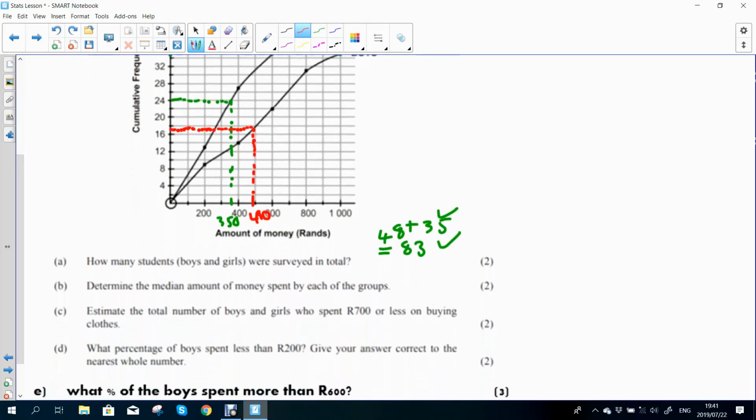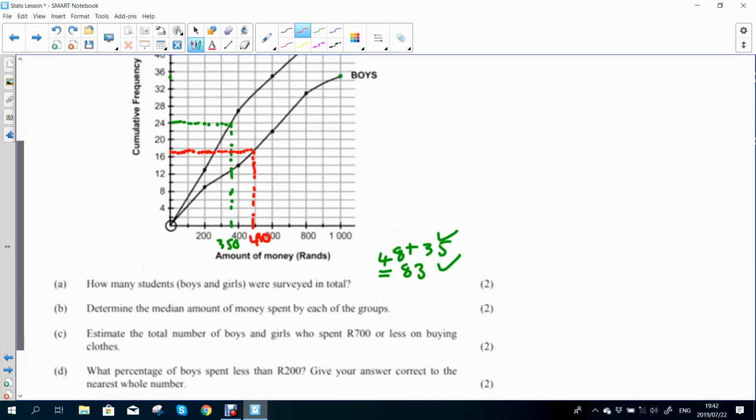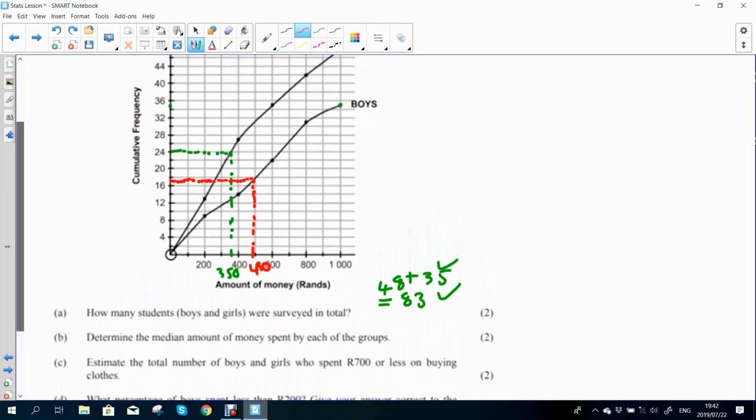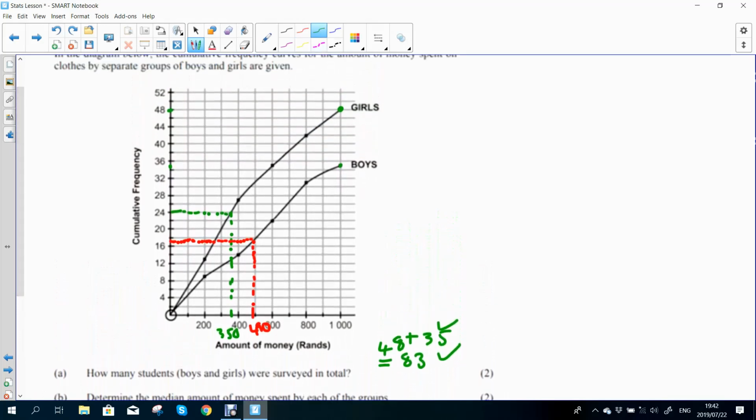Then estimate the total number of boys and girls who spent 700 Rand or less. Okay, so 700 Rand or less. So I need to go to 700 here on my x-axis. And now I want to go up and read down the totals. So 700 Rand for the boys, that looks just above 25, 26. Just above 26 there.